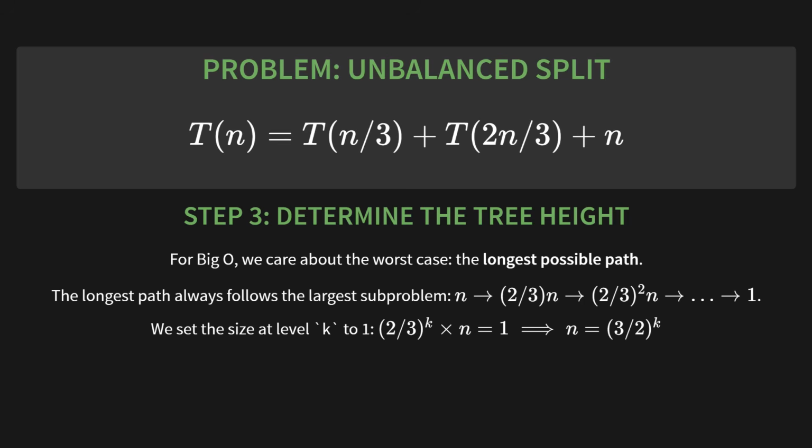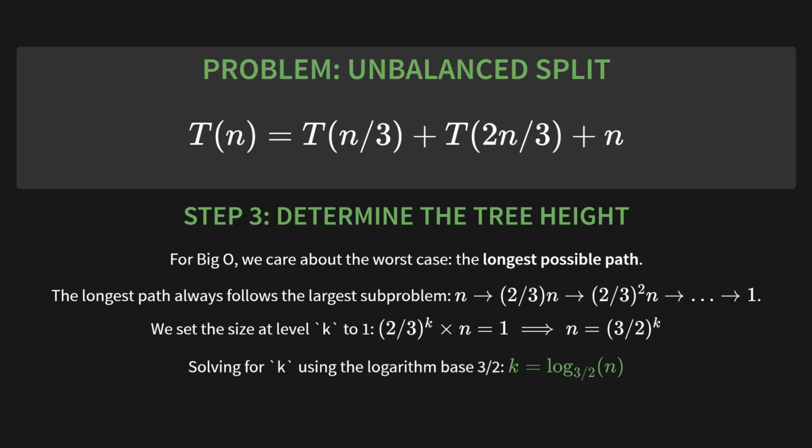We can set the size at level k to 1, which gives us the formula (2/3)^k n = 1. Rearranging that, you get n = (3/2)^k. To solve for k, we just use a logarithm. The height k is log base 3/2 of n.